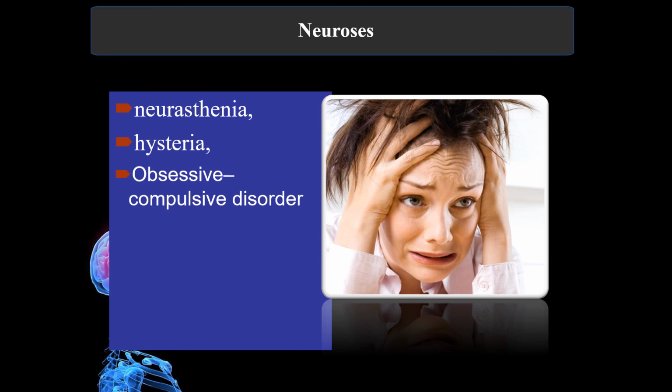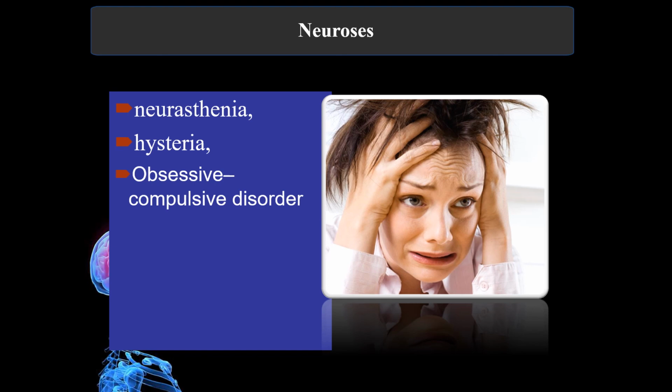Neurosis. Neurosis is a disorder of the higher nervous activity. The higher part of the central nervous system includes the cerebral cortex and subcortical structures. The cerebral cortex is the highest organ that regulates and coordinates all processes in the body and forms the basis of thinking and consciousness.